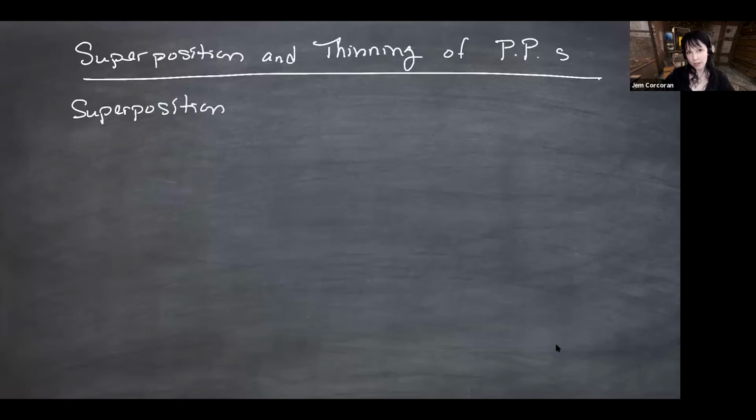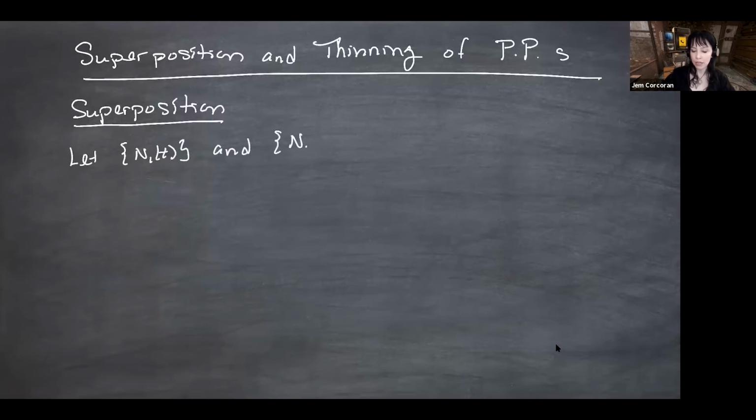This means if you add two Poisson processes, you get another Poisson process, and you get to add the rates. So the setup is I'm going to let N1 of T and N2 of T be two independent Poisson processes with respective rates lambda 1 and lambda 2.